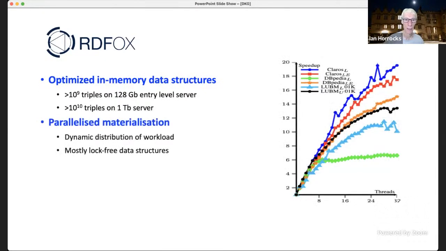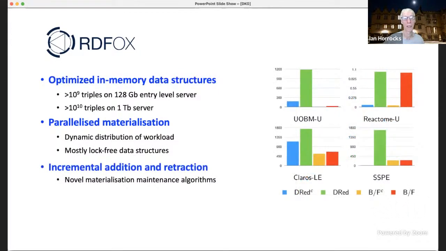In particular, we developed this parallelized materialization process with an optimized in-memory data structure that tries to make the materialization process be as fast and effective as possible. And we did a lot of work on incremental maintenance of the materialization. So RDFox actually allows you to not only change the data, but even to change the ontology, and it updates the materialization rather than redoing it from scratch.